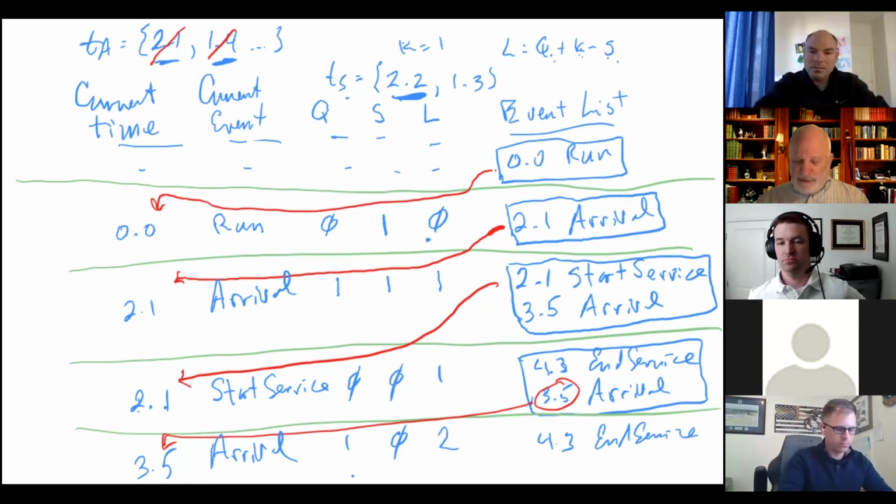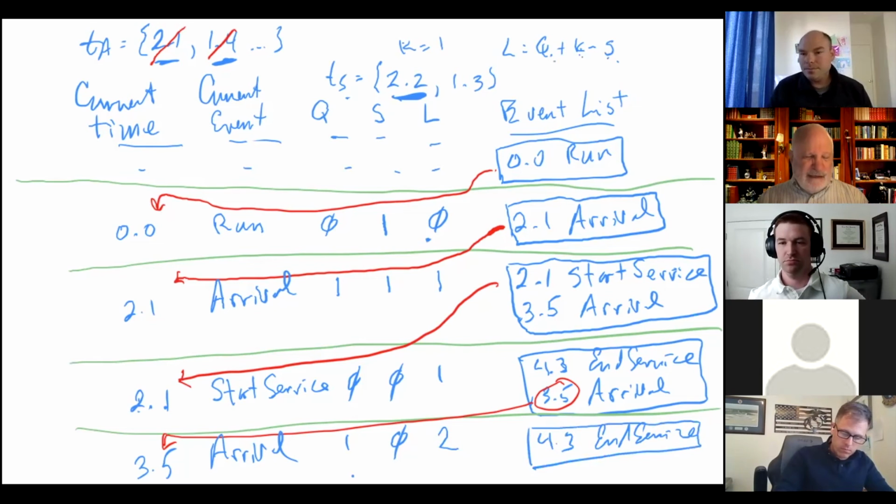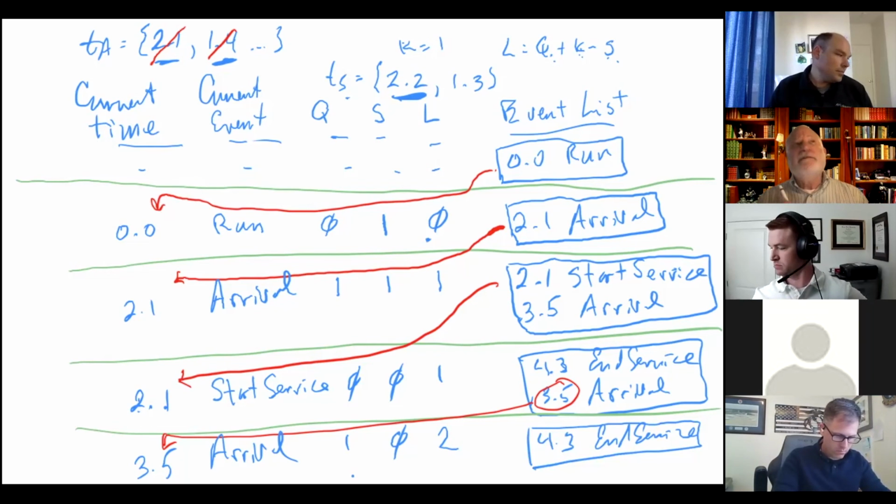The next arrival was a whole lot later. So actually for this case, I'm going to skip it. And in the assignment, I think you're going to run out of times, and when you run out of times, you can just skip them. That's just for the sake of doing this by hand.